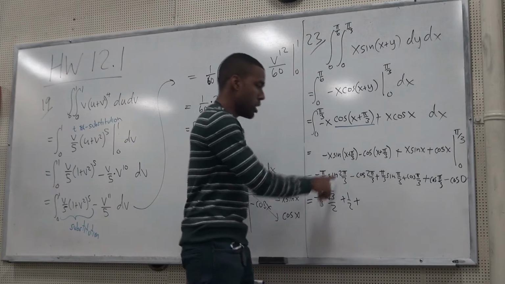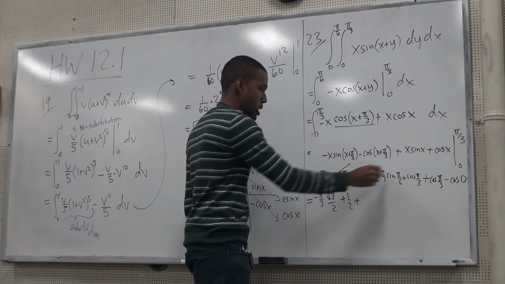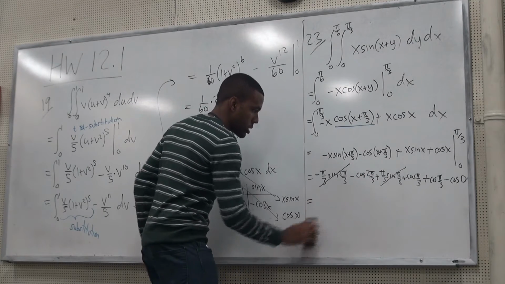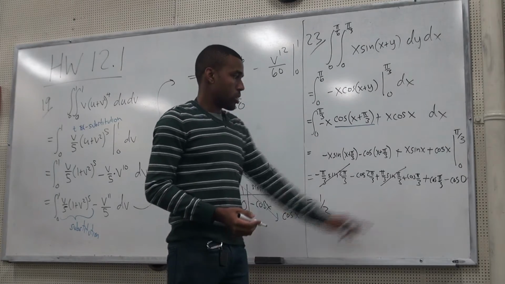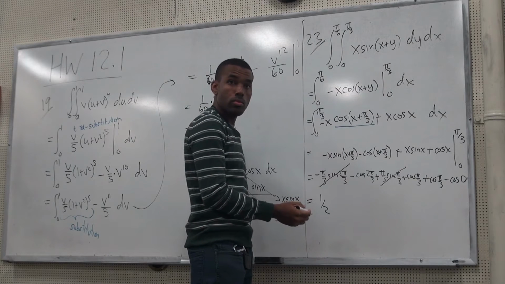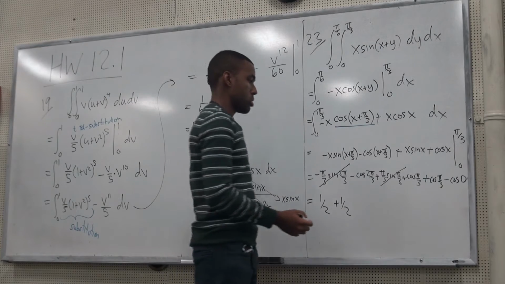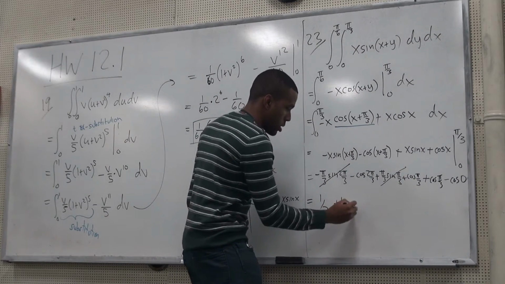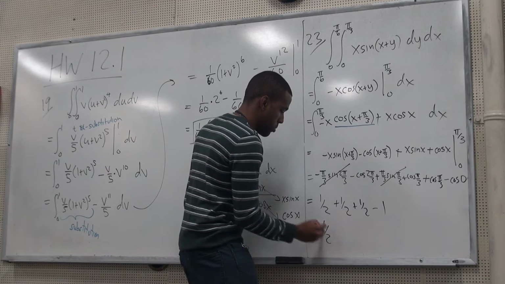Plus, well, sine of 2 pi over 3 and sine of pi over 3 are actually the same thing, right? So those will die. So far I just have 1/2. Cosine of pi over 3 is also a half. And I have 2 of those, so that's just 1. Let me just write it up. Plus a half minus 1. So basically the answer should be a half.